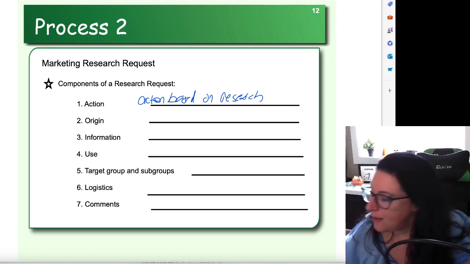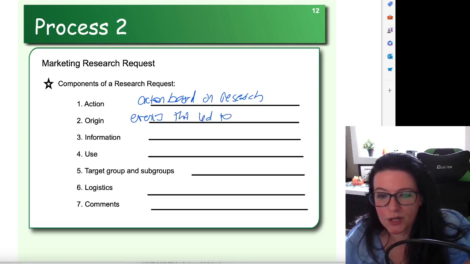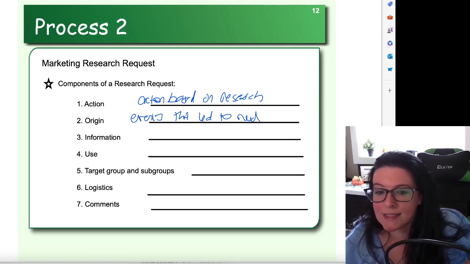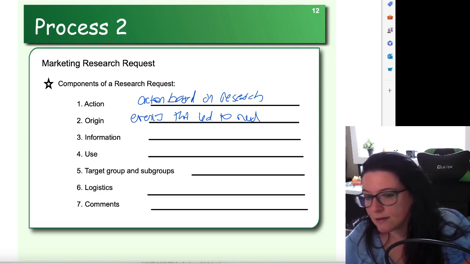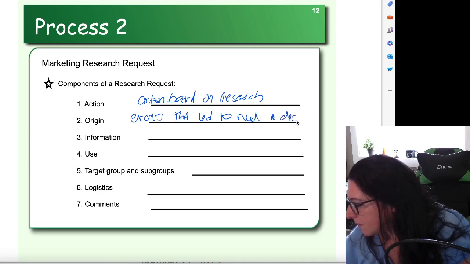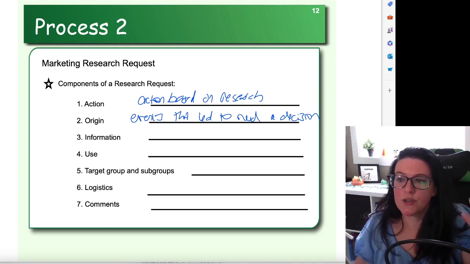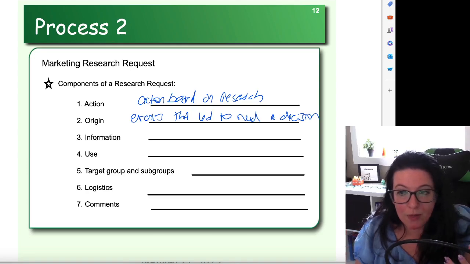The origin is that background, that context, the events that led to the project. Okay, so events that led to, really, we're tying it back to the organization's decisions they're going to make based on this information. So events that led to need a decision. So there's some kind of opportunity, there's some kind of problem, right?